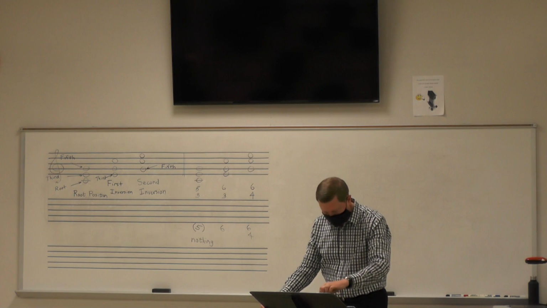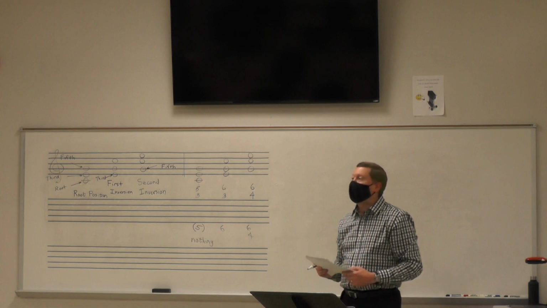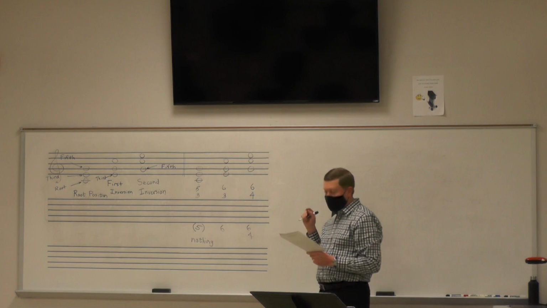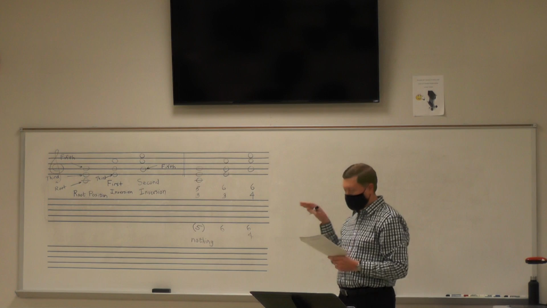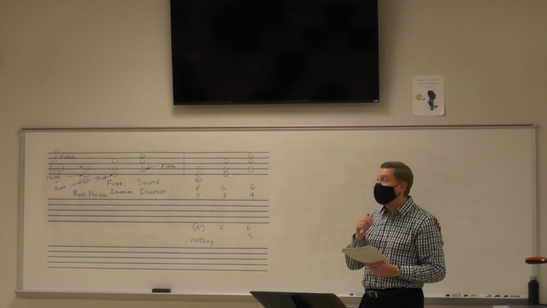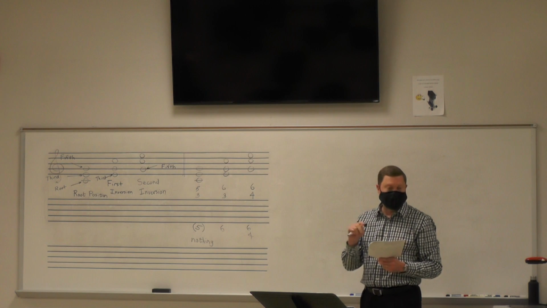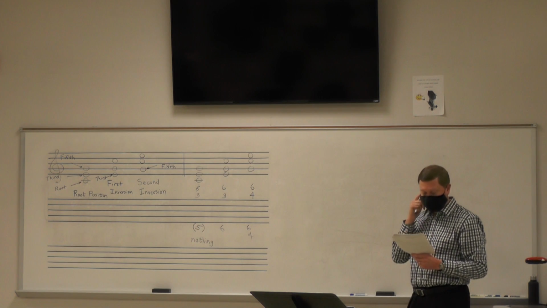Okay. Now, keeping track of different bass positions of a triad and locating the root in these various arrangements can be confusing at first. I understand. Maybe to some of you not so confusing, maybe to some of you very confusing.